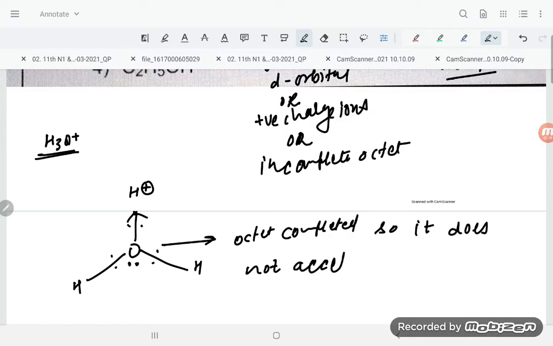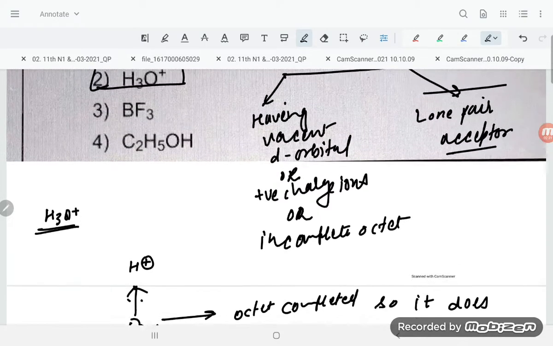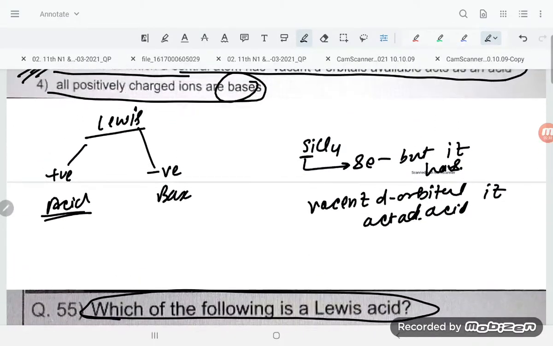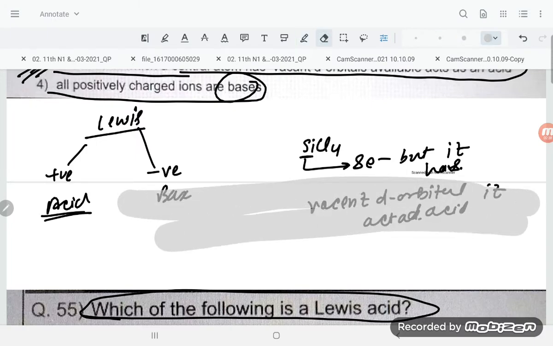If it does not accept a lone pair electron, hence it is not a Lewis acid, because for a Lewis acid they must accept the lone pair electron. You can also understand this diagrammatically here.